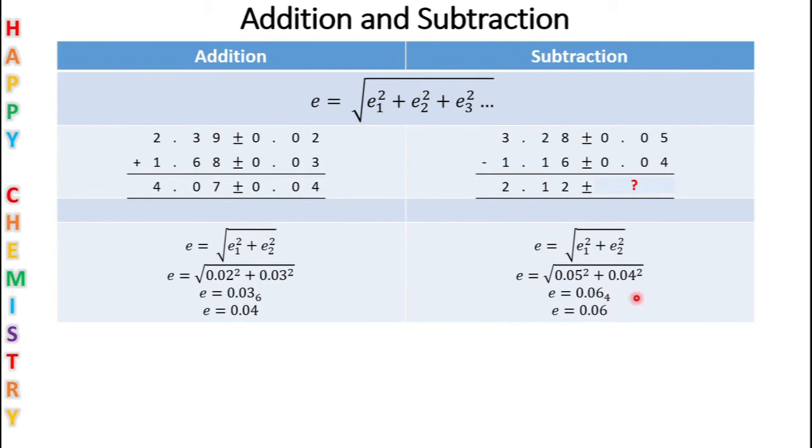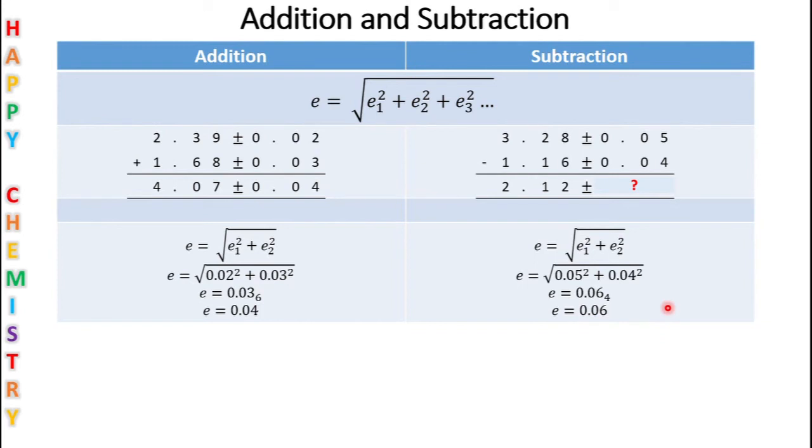However, initially it is written as 0.064, where 4, the first insignificant figure, is subscripted. To express it as the final answer, the insignificant figure can be dropped and the uncertainty is 0.06.